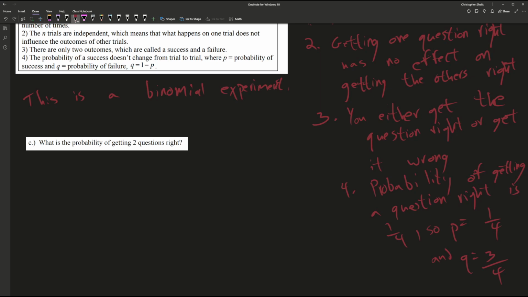And for C, what is the probability of getting 2 questions right? So let's see. This is asking for the probability of getting exactly 2 questions right.